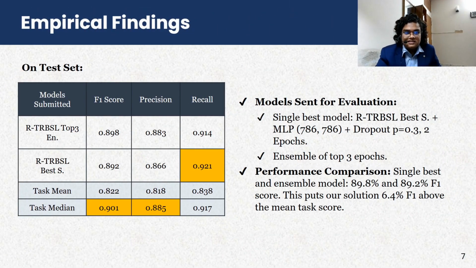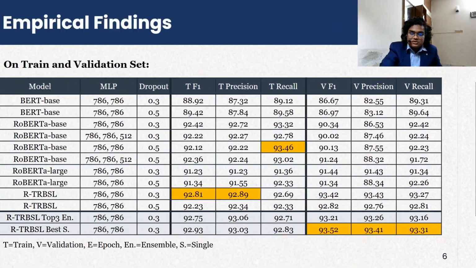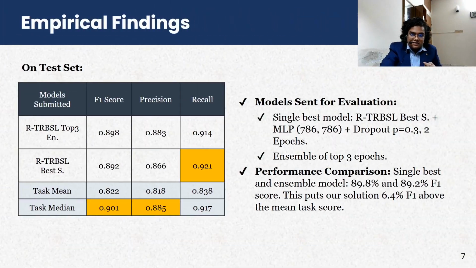Moving on to the test set, we submitted two models for our final classification. One of them was the ensemble model, where we picked the top three best performing models on our validation F1. The other was a single model, the RoBERTa model that was fine-tuned on Twitter data by Cardiff NLP, which we then further fine-tuned on our task.